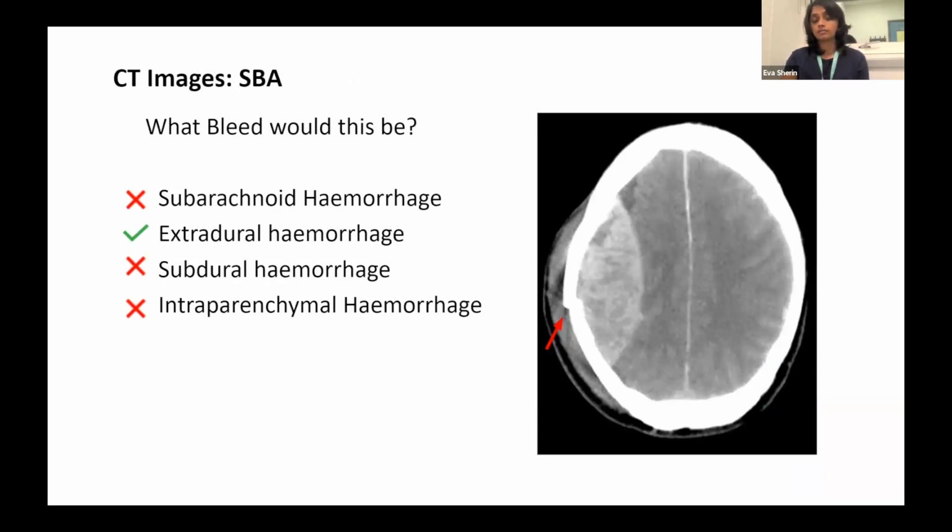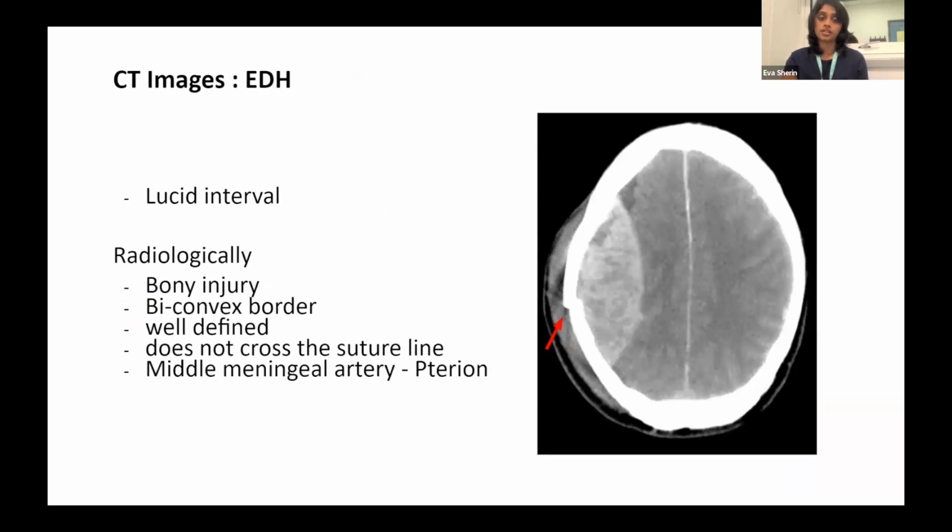So factors that help us identify it as an extradural hemorrhage, history-wise, the patient could present with a lucid interval, which means they might have loss of consciousness during the event, immediately during the injury. They'll recover within 5 minutes, be completely normal, say that they're talking well, going about their regular activities.